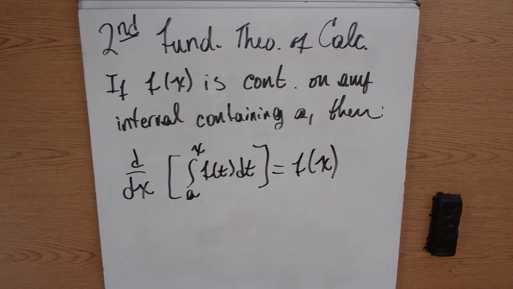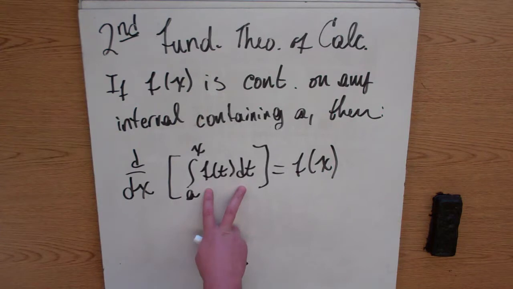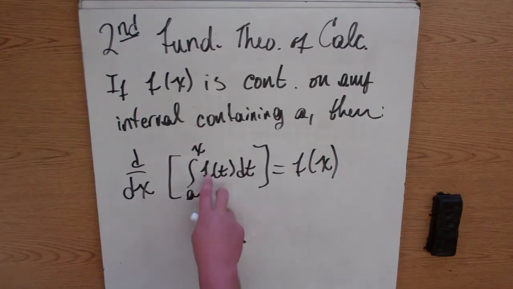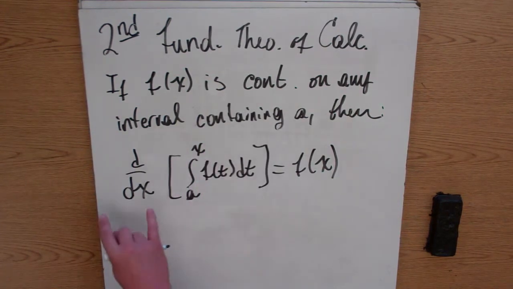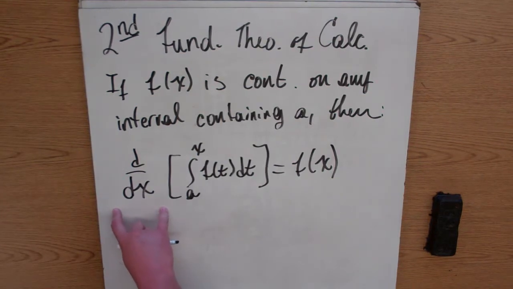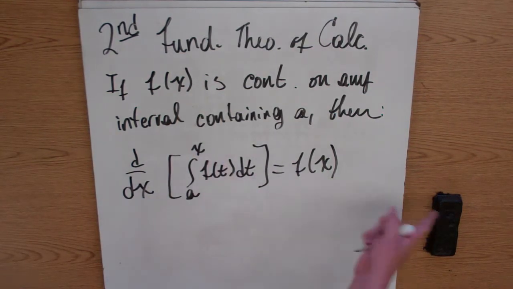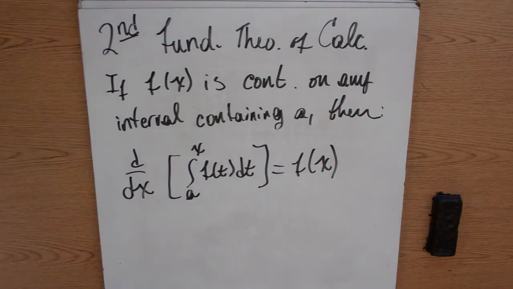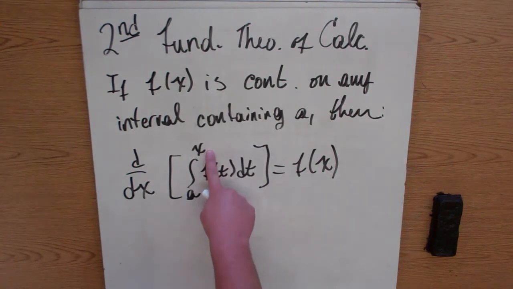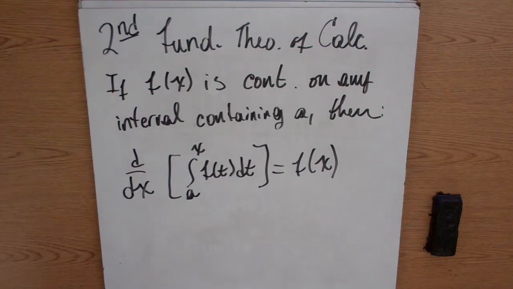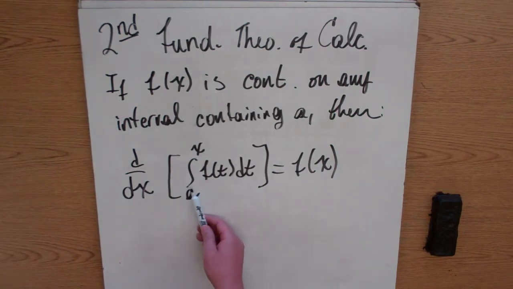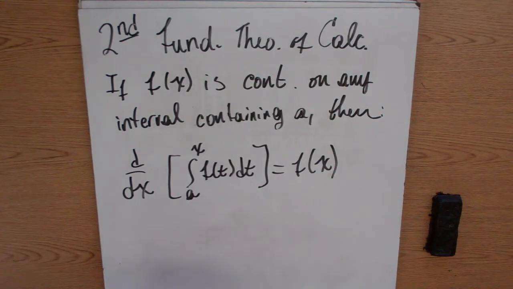So if you took the antiderivative, evaluated it, and then took the derivative of that, you might as well just take f of x, evaluated at x, and boom, you're done. Take f of t, evaluated at whatever this number is, and you're done. Because remember, the derivative and the integral are opposites and cancel each other out, so to speak.